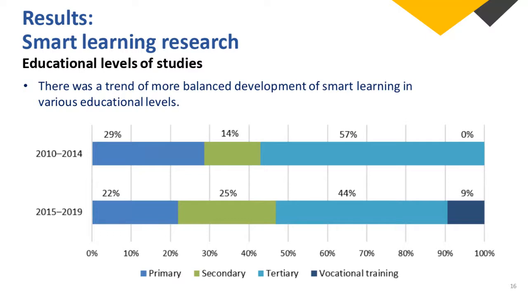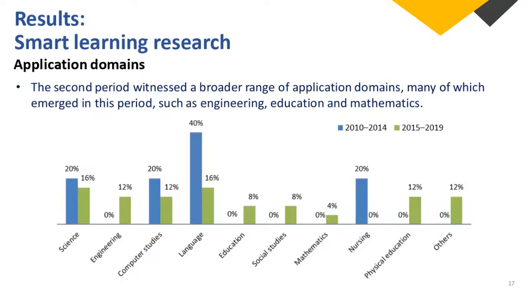As for the level of education being studied, you can see that secondary occupied somewhat more in the second period. But anyway, tertiary occupies most, and probably it's natural. Most of the researchers are in tertiary institutions.